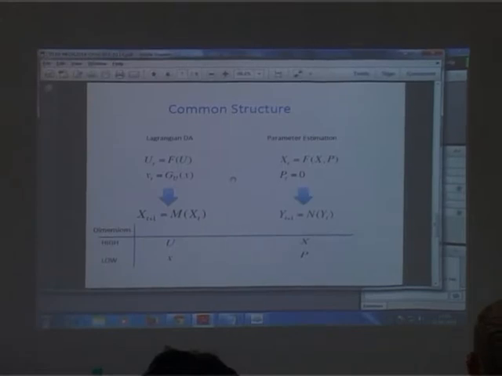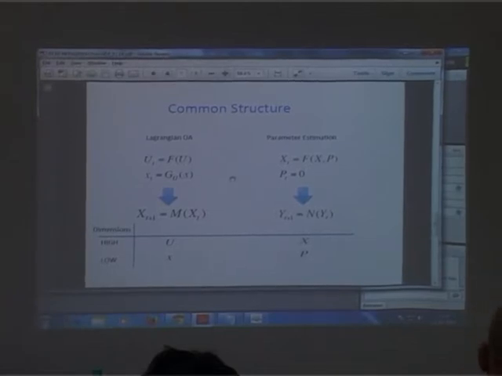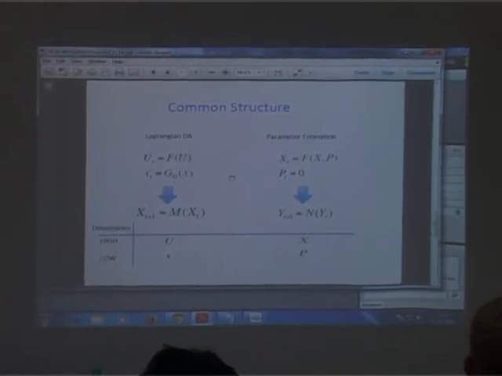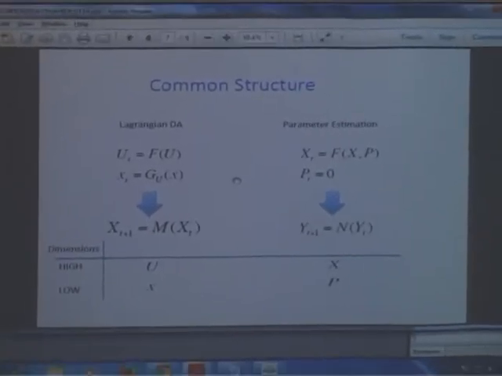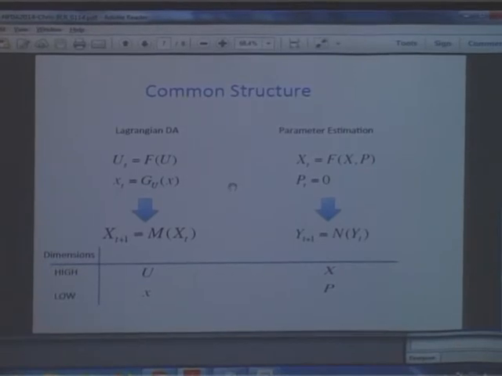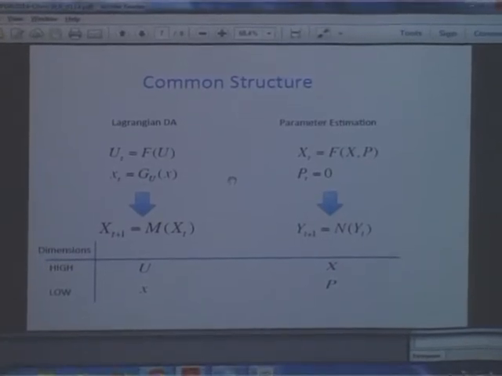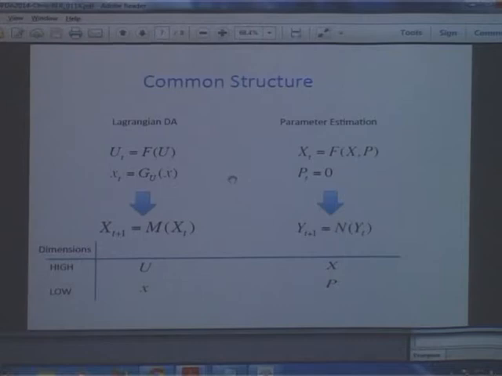So you can probably look at that and see what I was trying to say, that the Lagrangian data assimilation and the parameter estimation have this common structure, that there is a high dimensional part and a low dimensional part. And you can see it on this slide here.